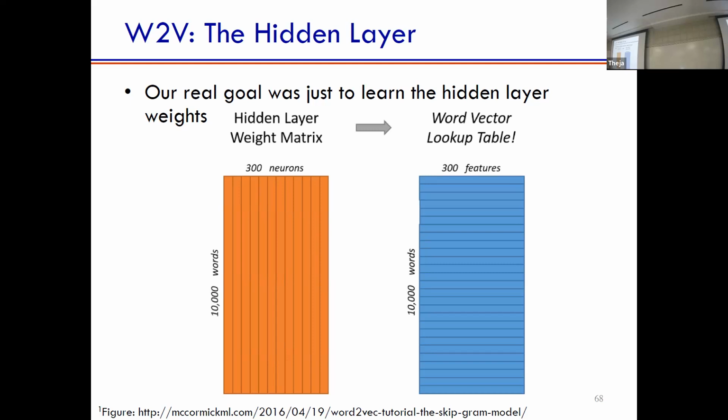It's the same thing as on the left, except the left side is W naught transpose, and the one on the right has each row of 300 columns and 10,000 rows. So that's actually our W matrix. That hidden weight matrix, the first weight matrix, I'm just reinterpreting the transpose of it to be a matrix where every row corresponds to a word embedding. That's all.